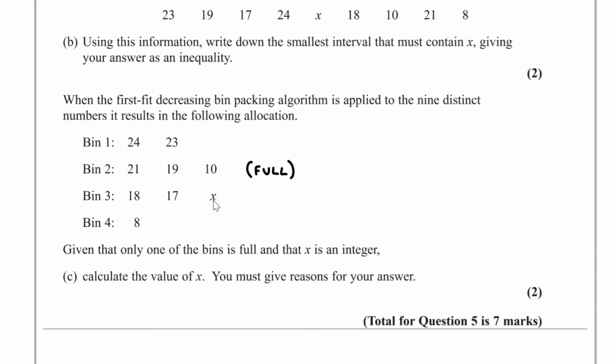Now, you'd find over here, before x is placed into bin 3, the remaining space left in bin 3 is 15. And that's because 50 take away 18 take away 17 is 15. So let's just write that down.